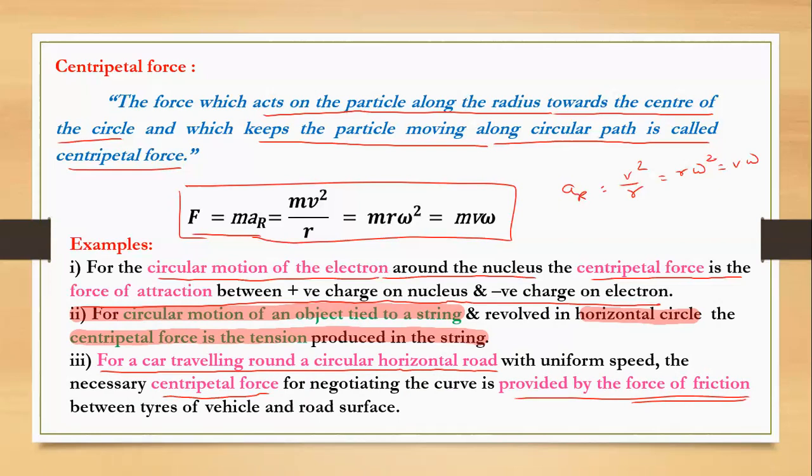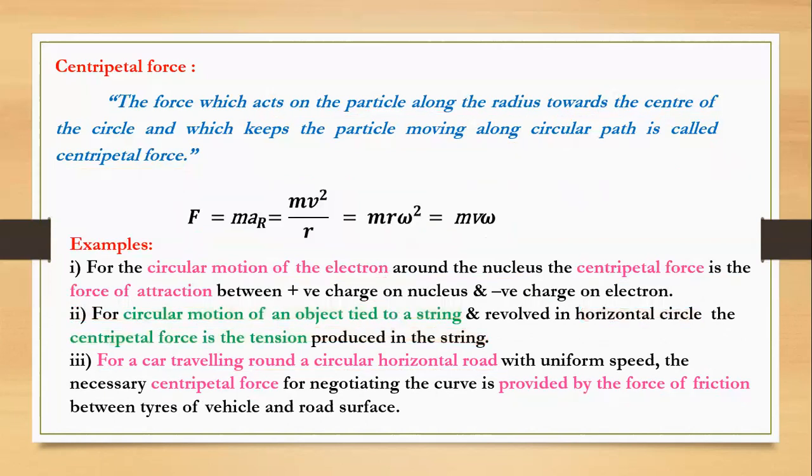You cannot consider a motion of vehicle if the friction is zero. If there is no friction on the curve, then it's very difficult for the car to negotiate the curve. So in that case, we can say that centripetal force is provided by the force of friction. I hope you understood these examples of the centripetal force.